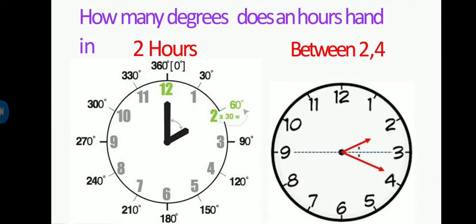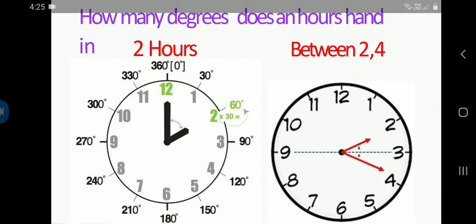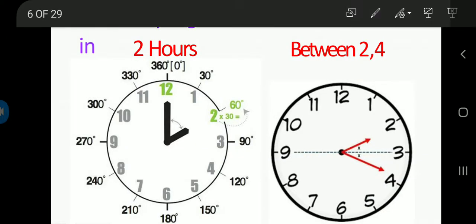Next, how many degrees does an hour hand move in 2 hours? What we have learned before: 1 hour is 30 degrees, so for 2 hours 60 degrees.